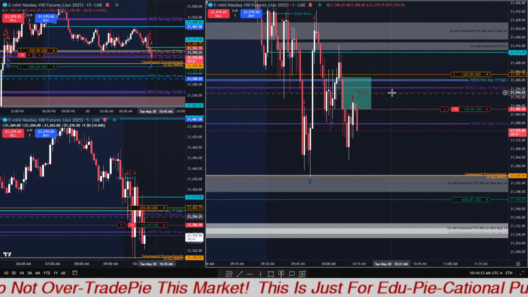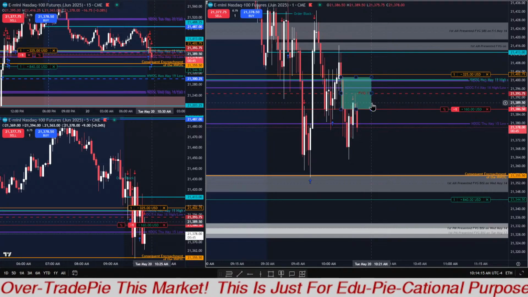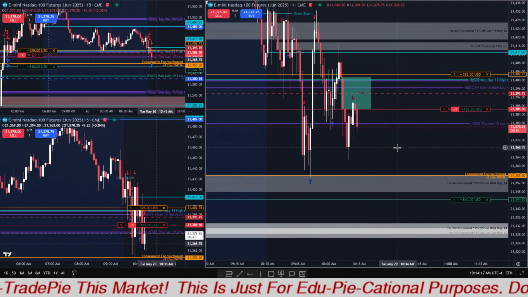After hitting the consequent encroachment of this fair value gap, the market rejected and started going lower.